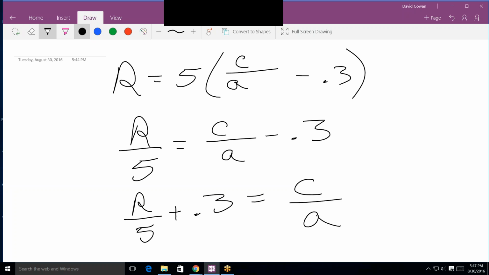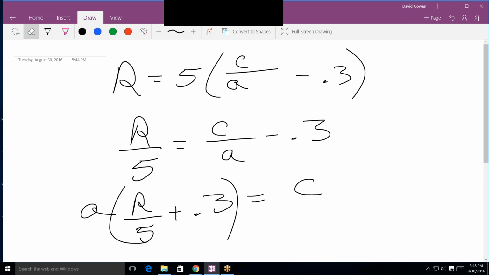Multiply that side by a, and that gets rid of the a in the denominator, and you've solved for c. There's no c's over here. That's the solution, and that's the easiest way to do it. The harder way, it still works, but the harder way is to distribute that 5 first. It just makes it a little more complicated.